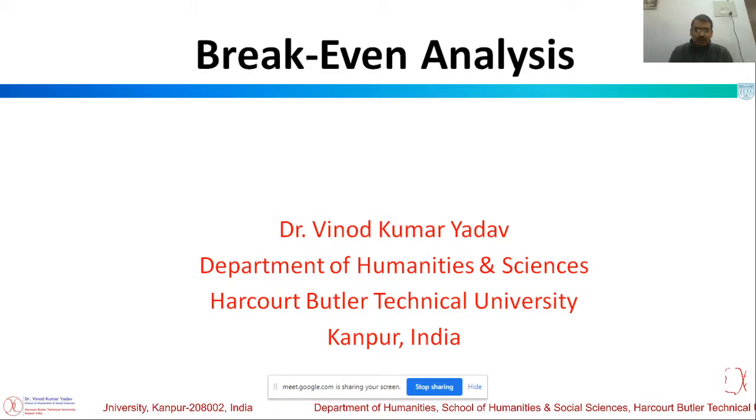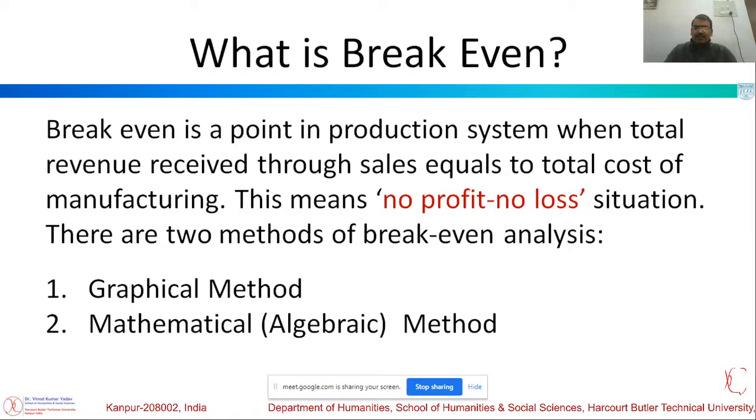So what exactly is break even and how do you calculate it? Break even in a production system is when revenue received through sales equals the total cost of manufacturing. Say you invest 10 lakh rupees in a business.